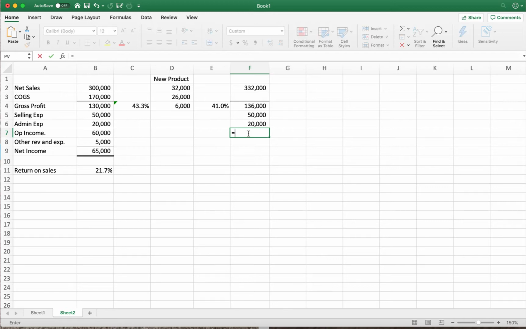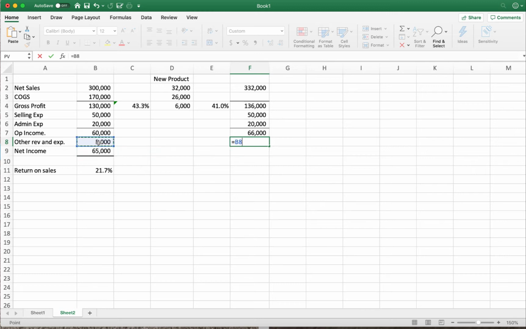So that means then that my income from operations with this new product is going to be the new gross profit of $136,000 minus the selling expense of $50,000, again minus the administrative expense of $20,000. My operating income is going to go up by $6,000. Okay? They told us don't expect any additional other revenues or expenses.